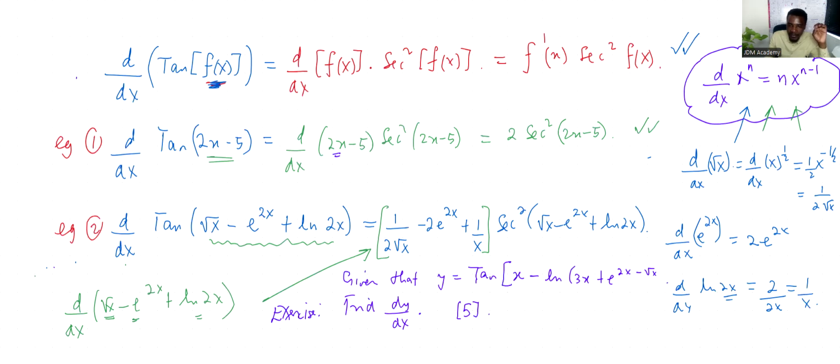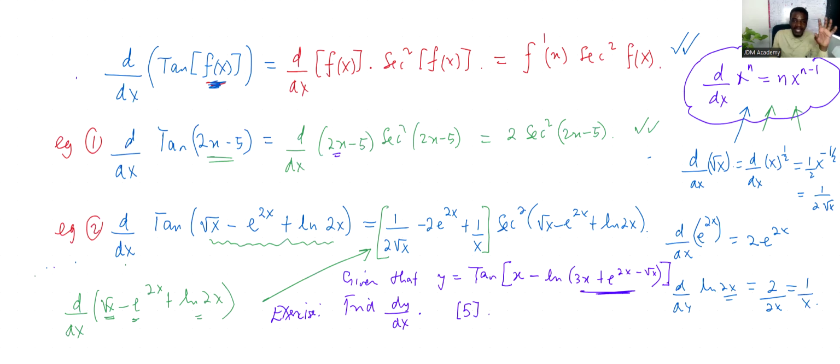So this is tan of x minus ln, open bracket, 3x plus e to the power of 2x minus root x. So remember this function here, a natural logarithm function: ln of 3x plus e to the power of 2x minus root x.